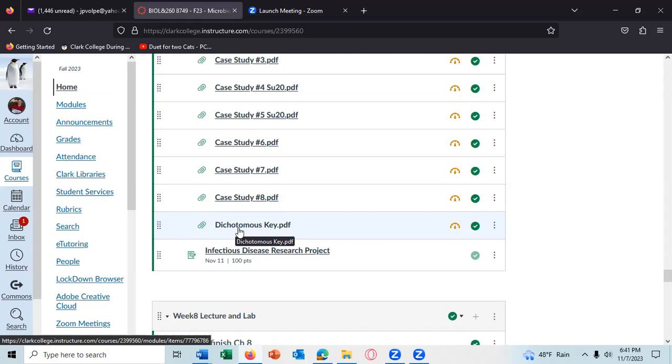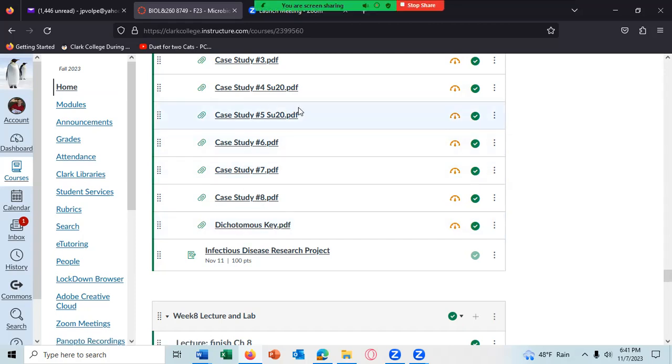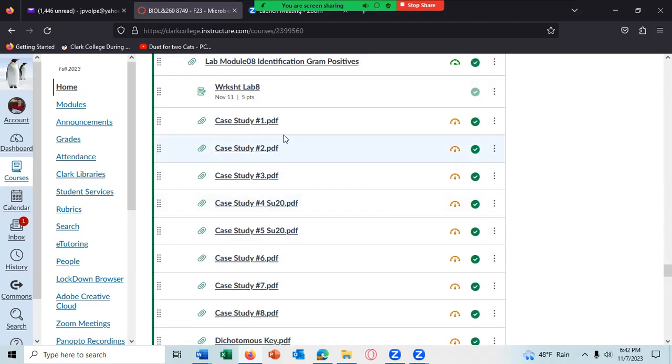And I thought about linking them and putting them all on one page. But if I do that and he makes a change, which he's done before, I'd have to change each of these again. And what he did was he changed something like case study 7. And so that was the only thing that needed to be changed. So I decided to keep it as separate files. And to answer this one, you're going to have to go through each of the files.